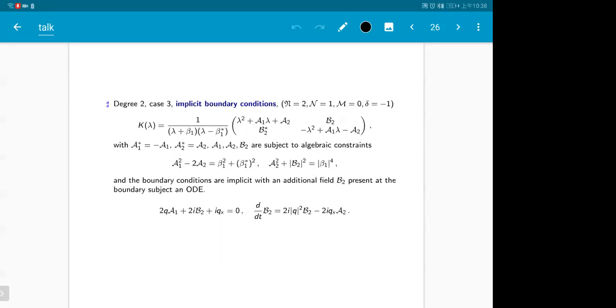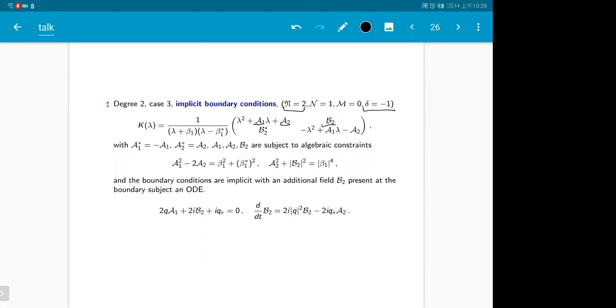If we go further, we choose order 2, but with minus parity. Then we obtain what are called implicit boundary conditions. In this case, your reflection matrix depends on three parameters, A1, A2, B2.